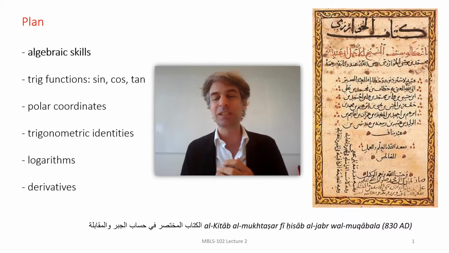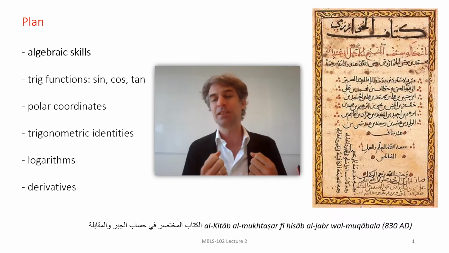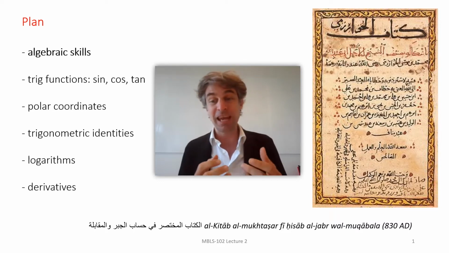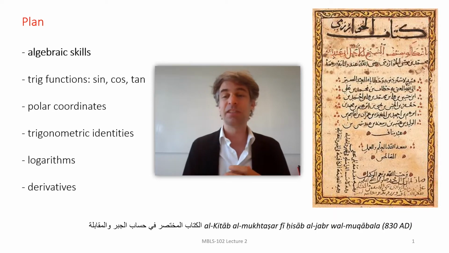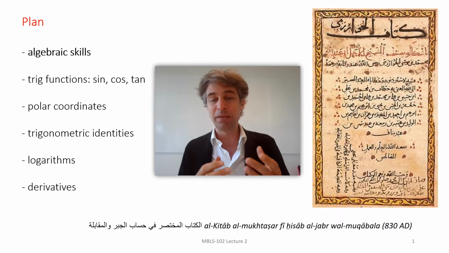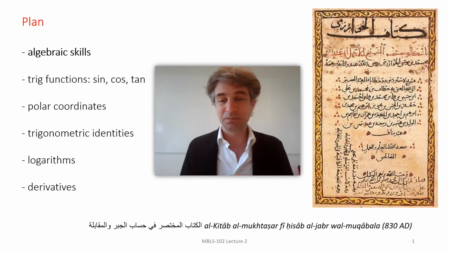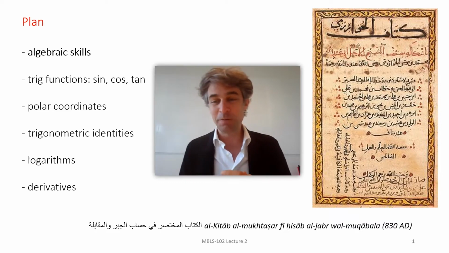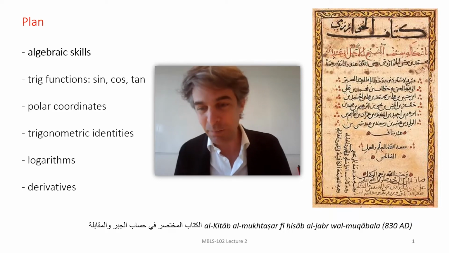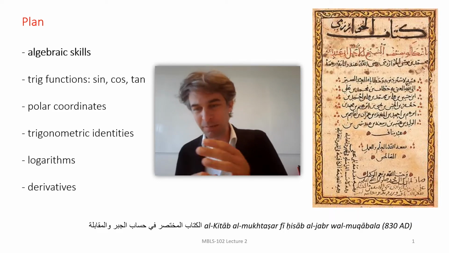It's a very old discipline, and the basis of it can be found in a book from the year 830. This book is from the Middle East. It's called, in Arabic, not my first language, Al-Kitab al-Muqtasar fi Hisab al-Jabr wal-Muqabala or something.